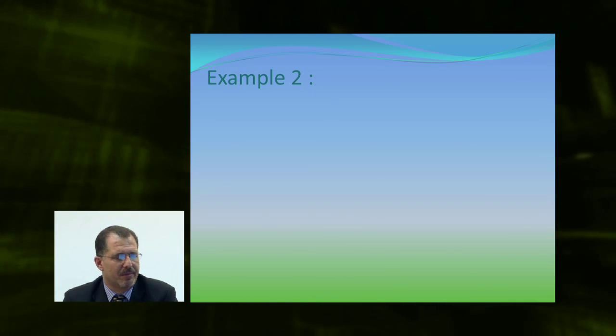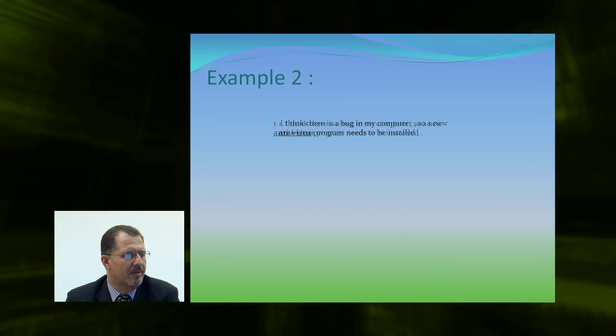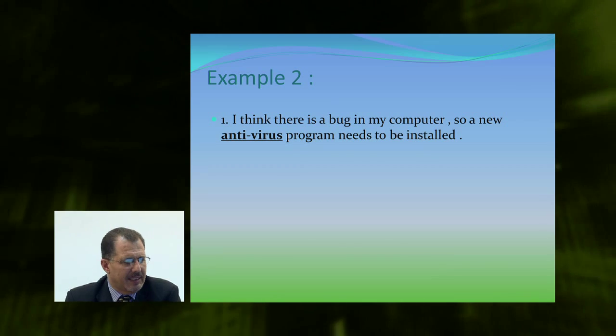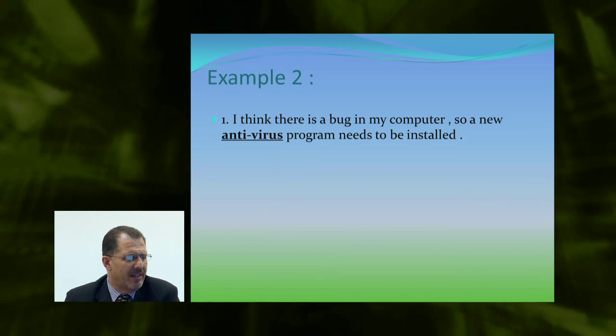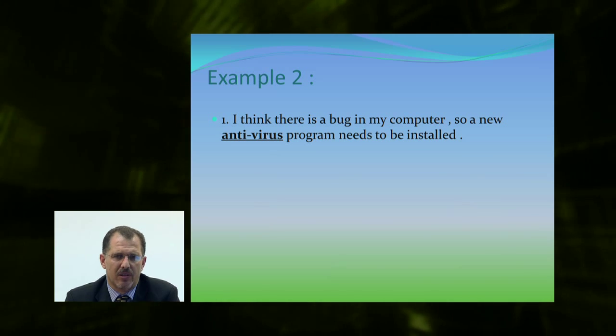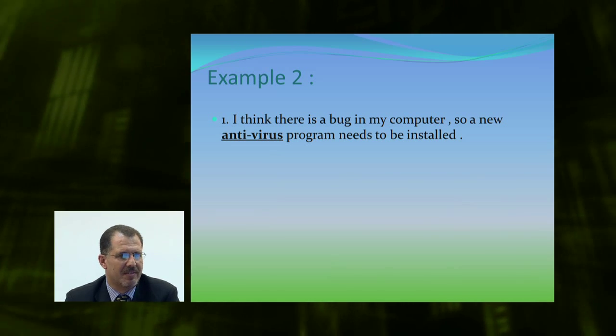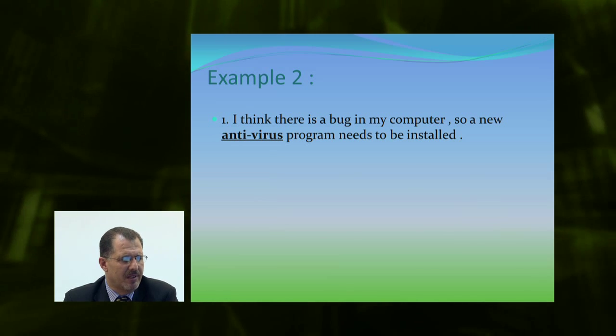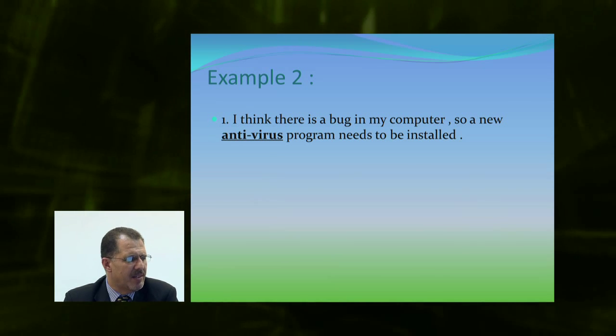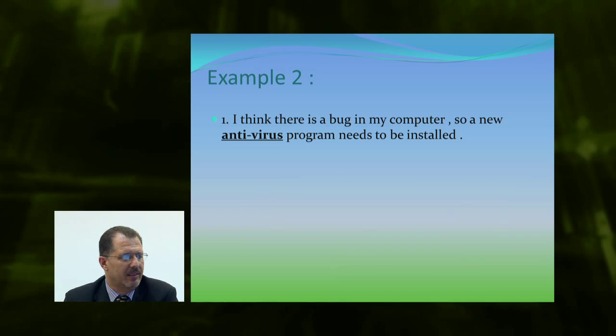Now, example 2. What is example 2? I think there is a bug in my computer, so a new antivirus program needs to be installed. Again, let's read the sentence again. I think there is a bug in my computer, so a new antivirus program needs to be installed.